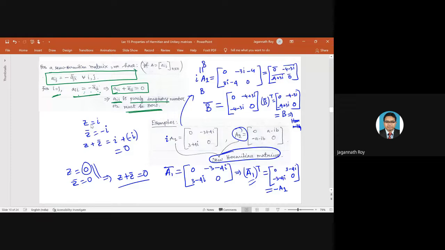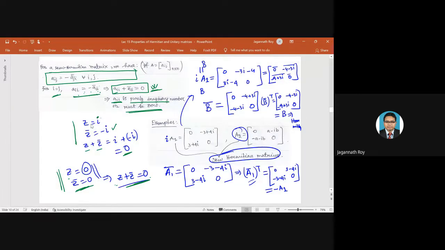If you think z equals a purely imaginary number, like i, then z bar will be minus i. So z plus z bar will be 0. So this relation is satisfied. In the other case, if z equals 0, then z bar equals 0, so 0 plus 0 is again 0. So these are the only two possibilities for this equation.